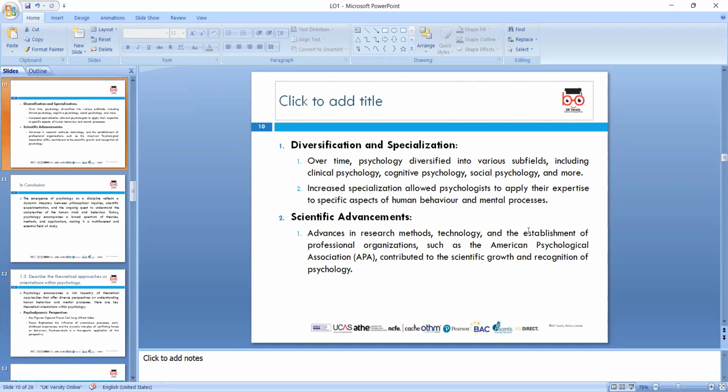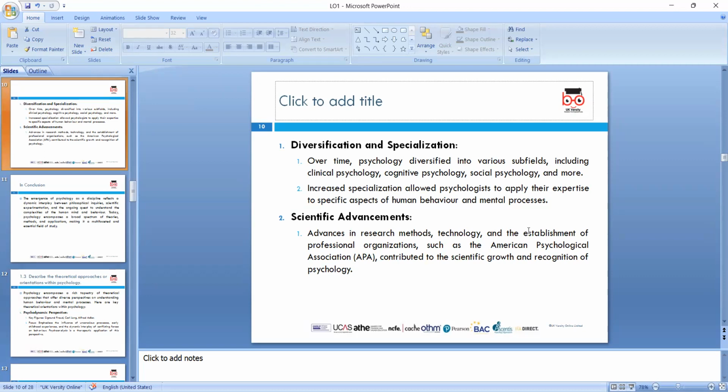Diversification and specialization in psychology. Over time, psychology diversified into various subfields, including clinical psychology, which tries to understand the pathology, cognitive psychology, social psychology, and more. Increased specialization allowed psychologists to apply their expertise to specific aspects of human behavior and mental processes.